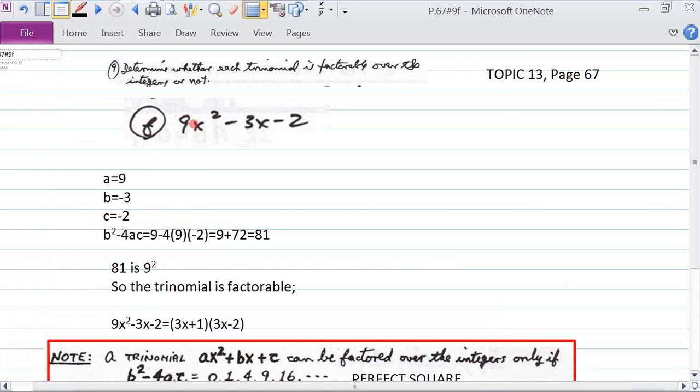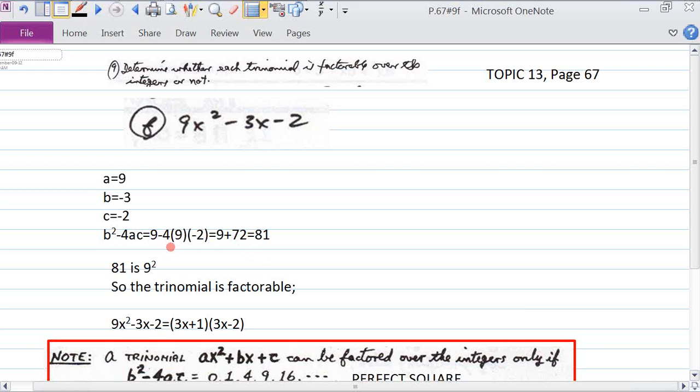We have ax squared minus bx plus c. So a is 9, b is minus 3 here, c is minus 2. Those are the coefficients. I calculate b squared minus 4ac. b squared is minus 3 squared, which gives me 9, minus 4ac, and 4 times 9 is 36. 36 times 2 is 72.